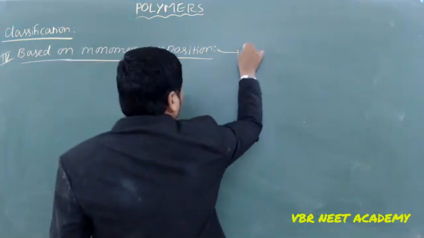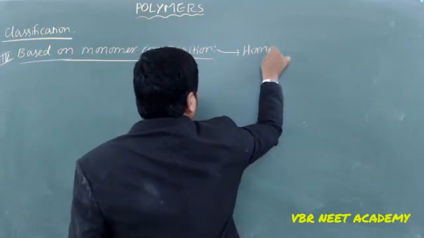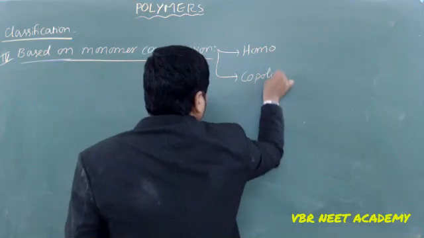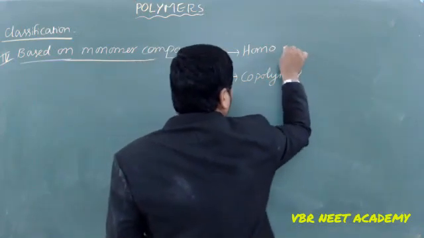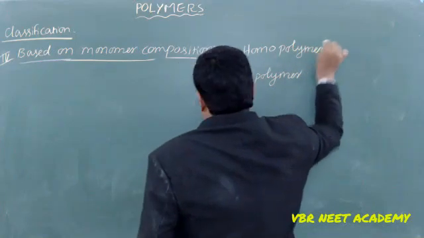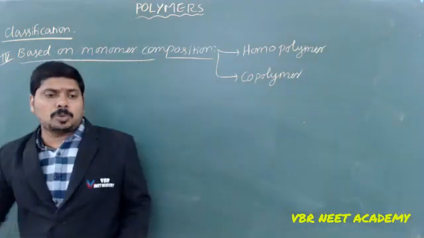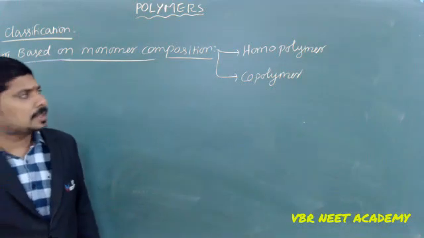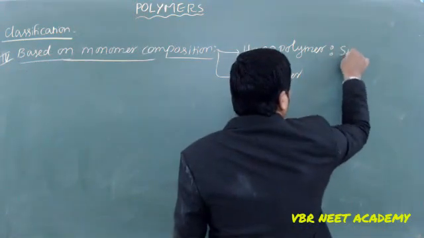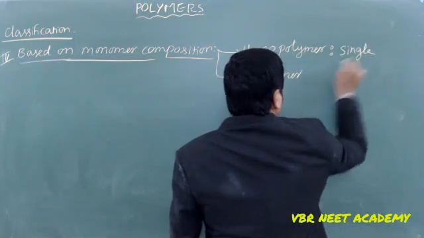Now the classification based on monomer composition: homopolymer and copolymer. Many times they ask which of the following is a homopolymer, which is a copolymer. Homopolymer means it is made up of a single monomer.